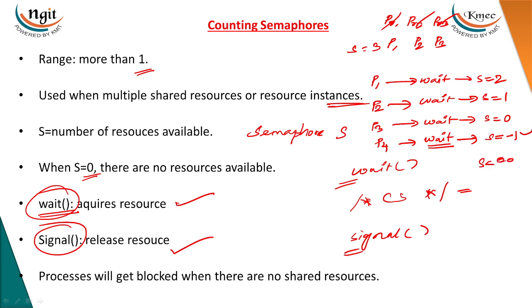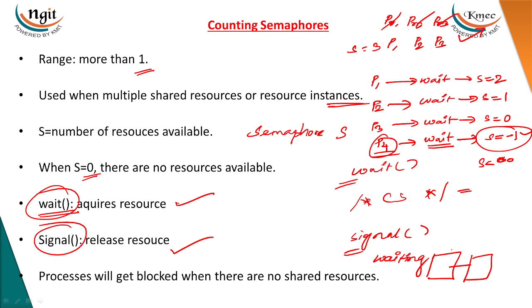Whenever all the resources are taken by some processes and the next process invokes the wait function, it will be added to a list called the waiting list. This means process p4 will be added to the blocked list. It will be blocked by using a function called block.